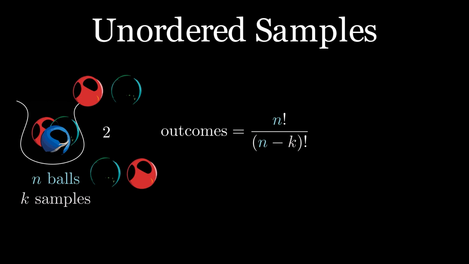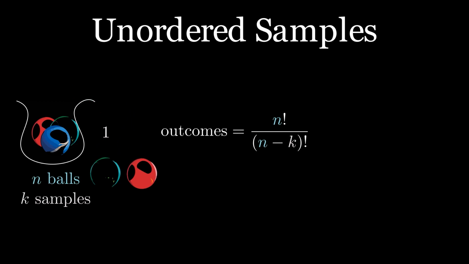Unordered samples, as you might have guessed, are those samples where the order in which the elements are chosen does not matter. If we choose the red ball first and then the green ball, it is the same as choosing the green ball first and then the red ball. This means the number of outcomes in this case would reduce to just 1.